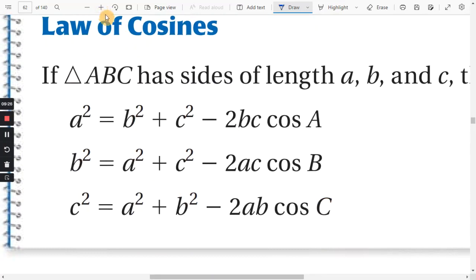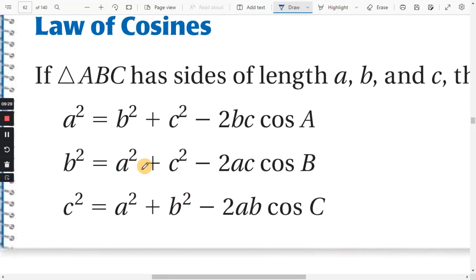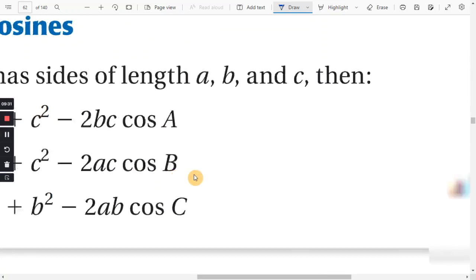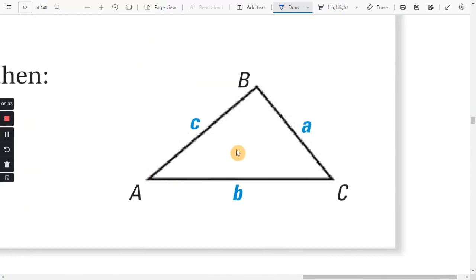And just like before, you want to remember that the capital letters represent the angle measurements at that point or vertex, and the lowercase letters represent the sides across from those angles. So across from angle A is lowercase a, across from angle B is lowercase b, across from angle C is lowercase c.